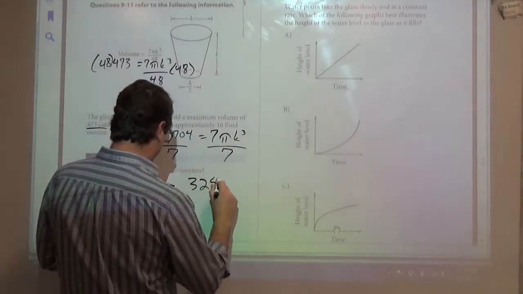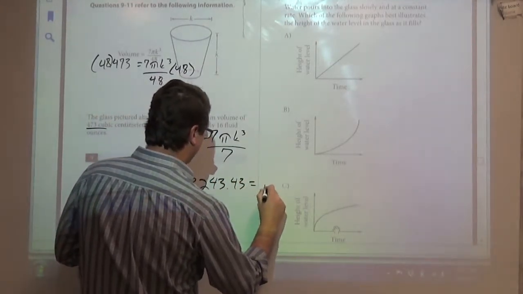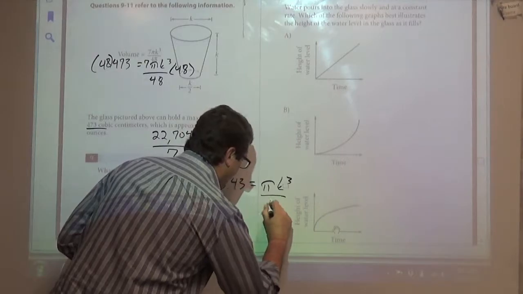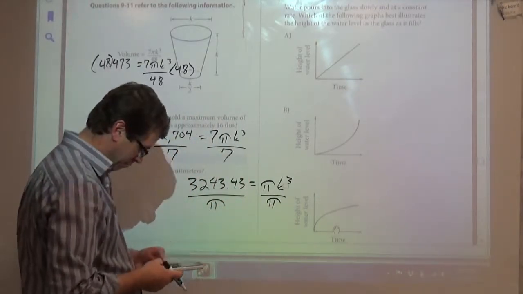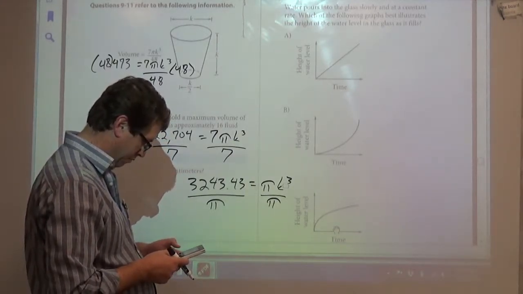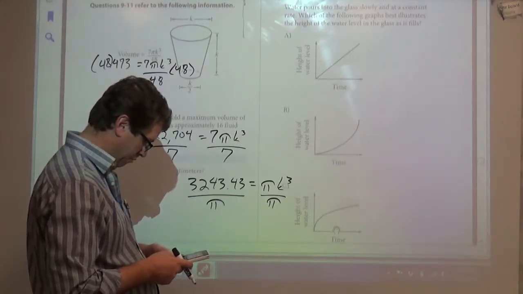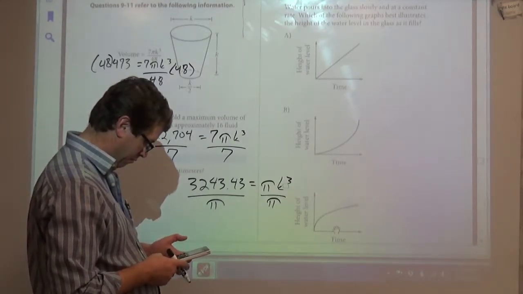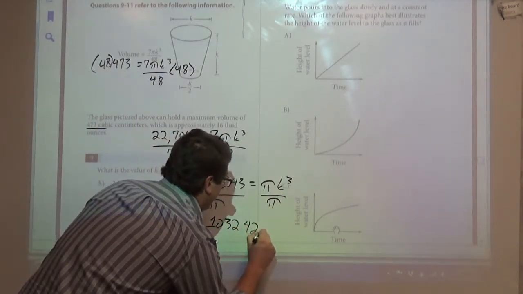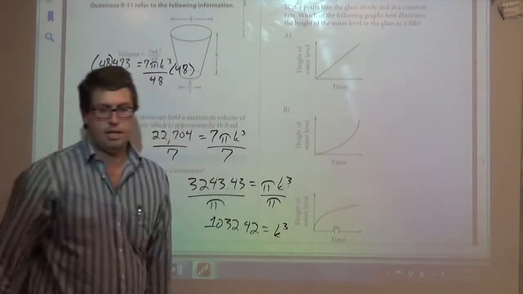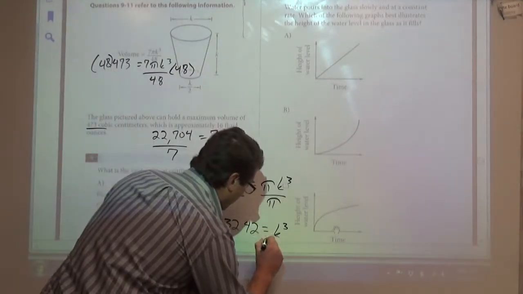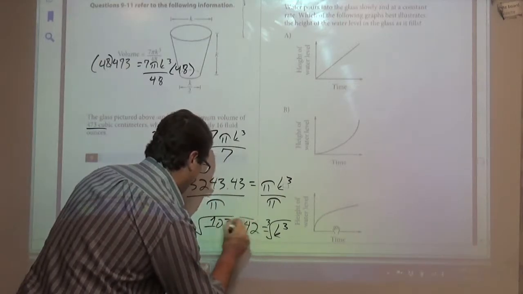So 3243 equals pi k to the third. I need to divide both sides by pi. And now I need to do the cube root, or you can raise it to the 1/3. Either way is the same thing. So we do the cube root.